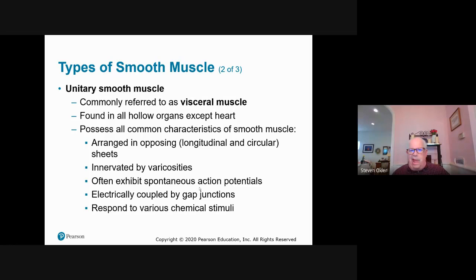It is found in all hollow organs except the heart. It's found in your bladder, your esophagus, your stomach, your small intestine, and your large intestine. It possesses all the common characteristics of smooth muscle. It is innervated by varicosities. It responds to chemical stimuli from neurotransmitters.